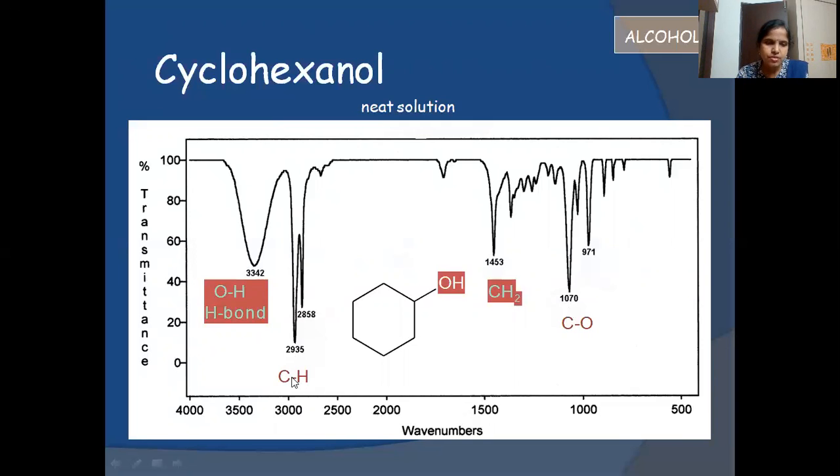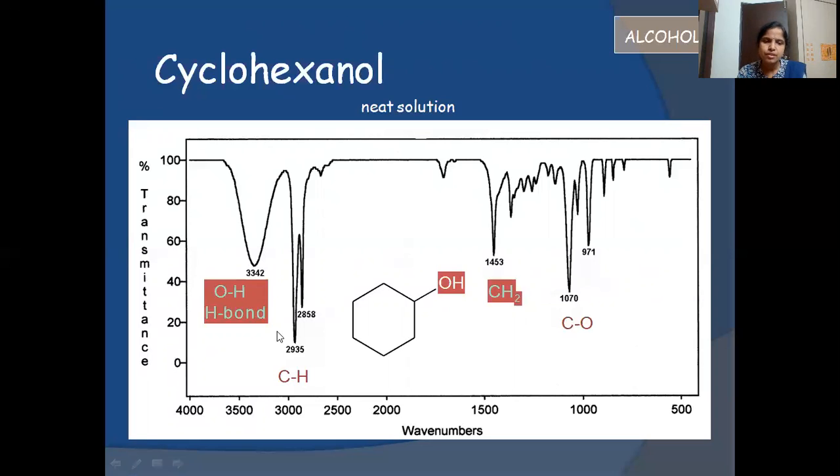So always first, whenever a spectrum is given, just find out the bands which are appearing around 3000. Just below 3000 means it is sp3 CH. If it is just above 3000, it will be sp2 CH stretching, that means might be 3100 like that.